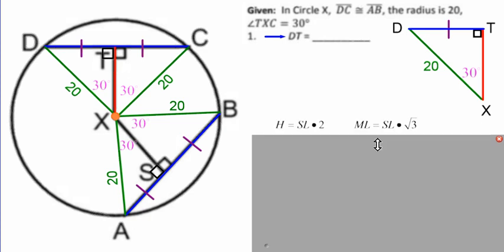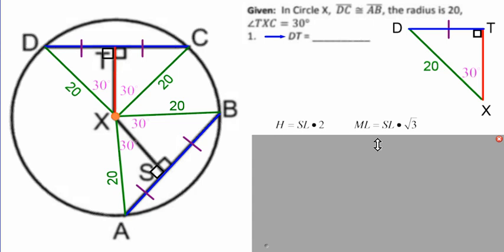We know the hypotenuse is related to the short leg. It's double the amount. We also know that the median leg, remember the median leg is across from your 60-degree angle, the short leg's across from the 30-degree angle. The median leg comes from the short leg times the square root of 3. These are going back to those ratios that we were talking about, the 1, square root of 3, and 2 in previous units, and we keep coming back to that again.